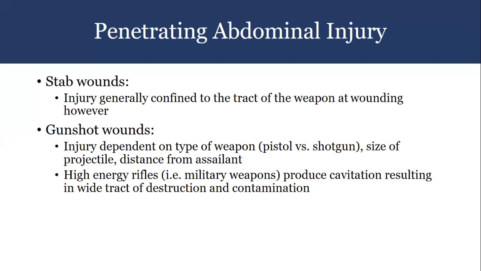Penetrating wounds like gunshots and blast injuries are very unique because they have a very unique pattern of injury, depending on the distance from the offender, the type of gun, the nature of the bullet, and the kind of projectile.